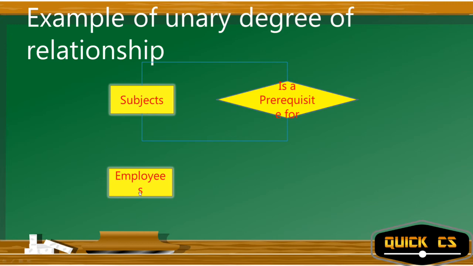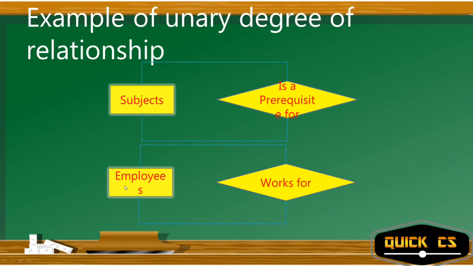Let's say employees. Okay. Now, employees work for employees. Now, what does that mean? Let's say there is a company. A company has manager, a company has programmers, a company has accountants. Okay. So essentially, all of these people fall in the same entity type employees. Okay. They are after all employees of the company. Okay.